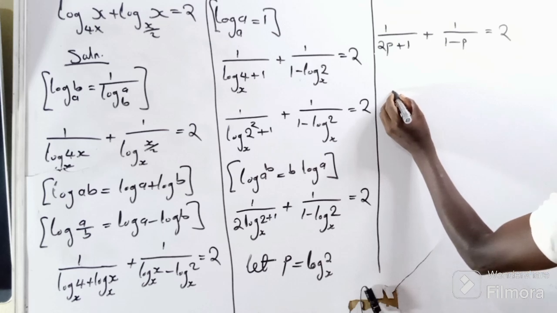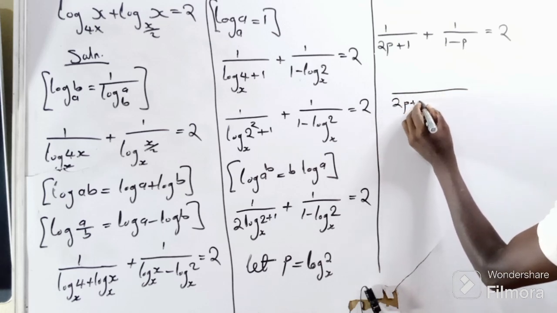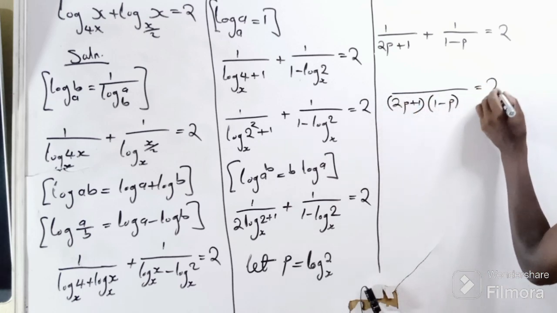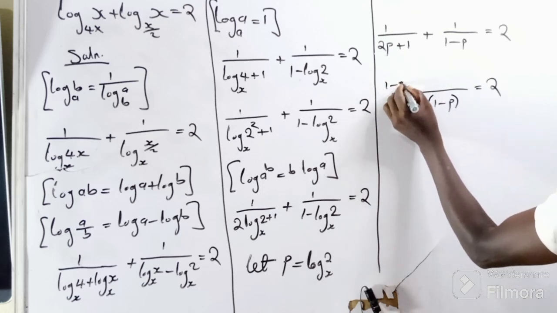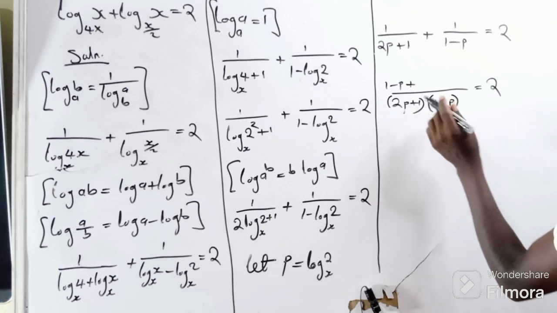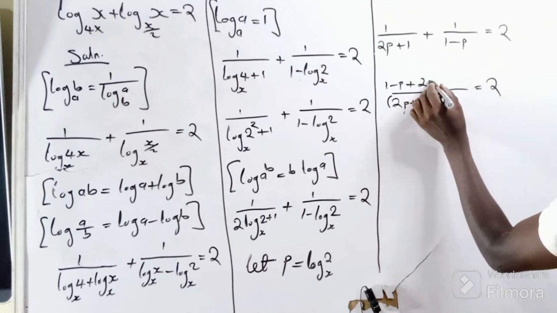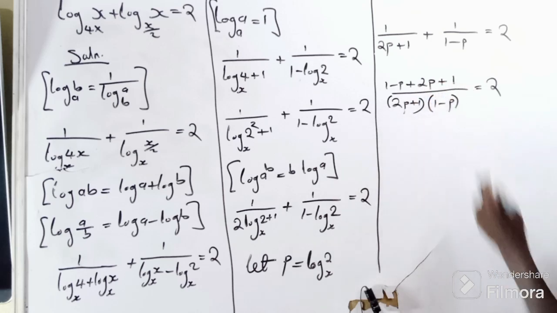So I'm going to pick the 2p plus 1 into 1 minus p. Then everything is equal to 2. Then this can go into this, I have 1 minus p. Then plus, this can go into this, then I have 2p plus 1.